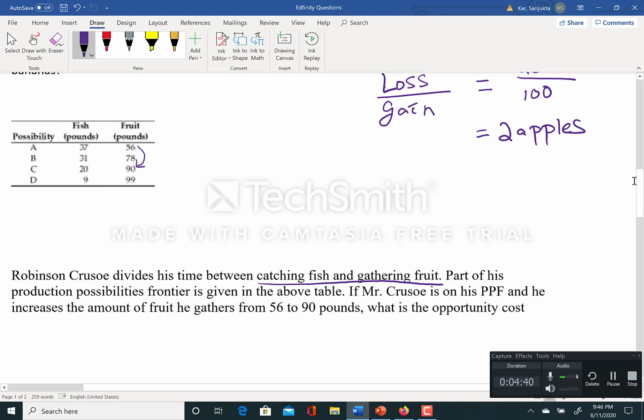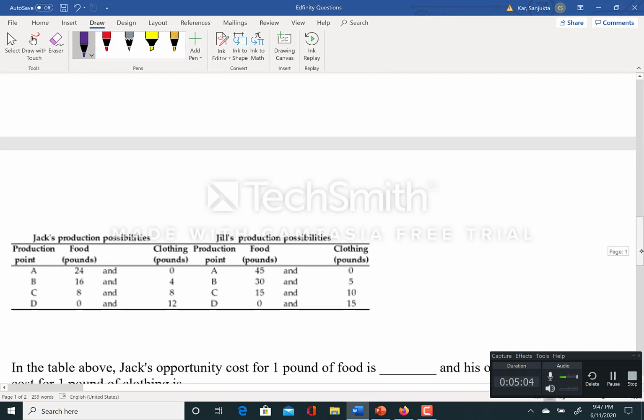Then what's the opportunity cost here? They're basically asking what's the change in the production of fish. So he's increasing production of fruit from 56 to 90, and he is losing 17 pounds of fish. So 20 minus 37. He's having a loss here.